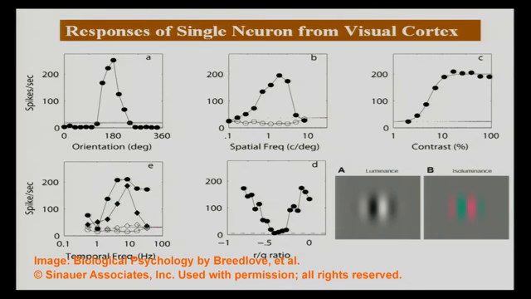So this is what a magnocellular cell in the retina would do. This is what a magnocellular cell in the geniculate would do. And this is what a neuron in the visual cortex, which has these other properties, will do. It's relatively colorblind. It will respond beautifully to a black and white stimulus, but not to a chromatic stimulus.